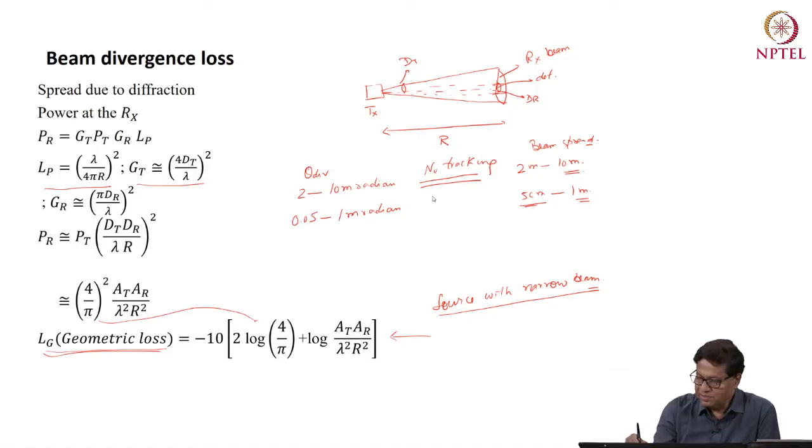So I need some tracking mechanism here, which makes the system complex. Tracking mechanism. Right? So if your beam width is low, you require strict alignment. And for making that strict alignment, you need to have some tracking mechanism built into the system. So again, there are pros and cons of having low divergence angle.